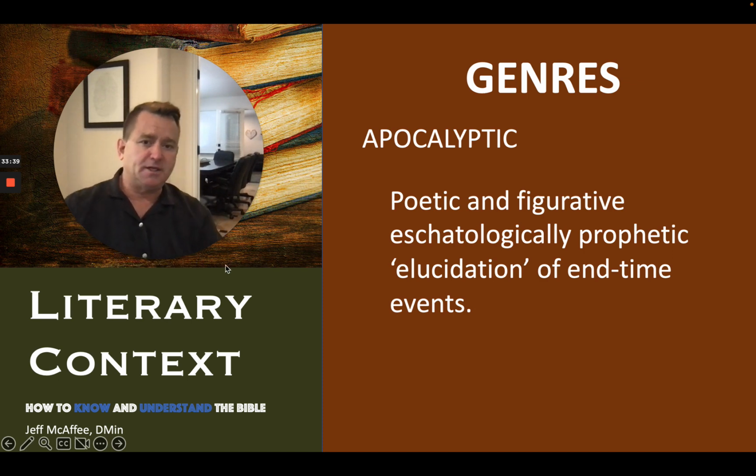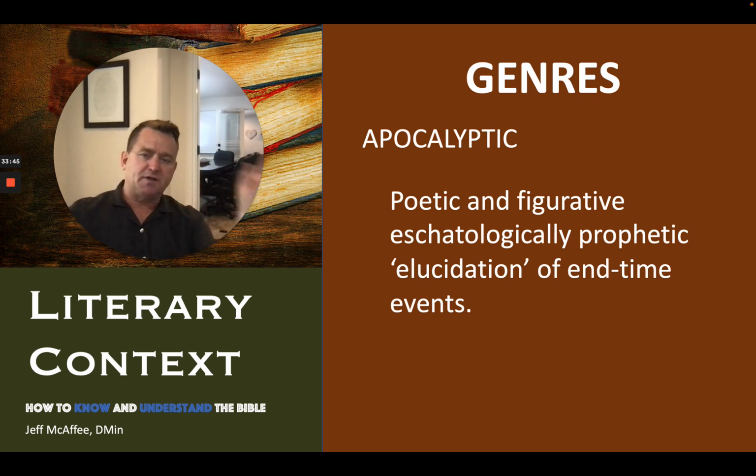You have apocalyptic genres. This is the kinds of writings in the Bible that speak about the stuff that happens at the end of time. So these are written in poetic and figurative, eschatological, prophetic language. These were elucidations of end-time events. That big word, eschatological, is very similar to apocalyptic.